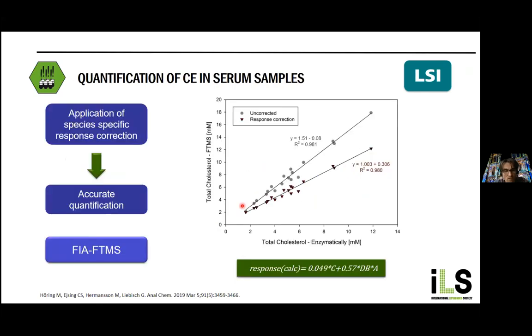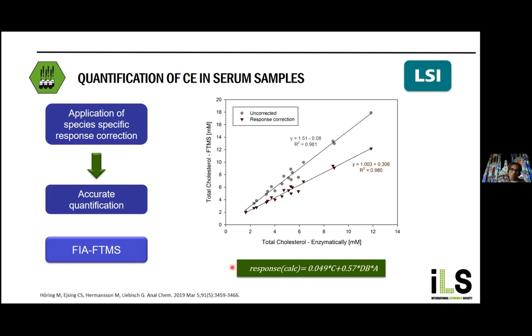And Marcus calculated a model for response correction of these species, which uses carbon number, a very important term, the number of double bonds, and also a matrix factor.